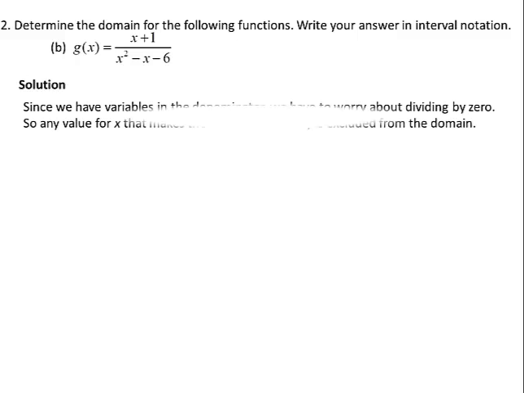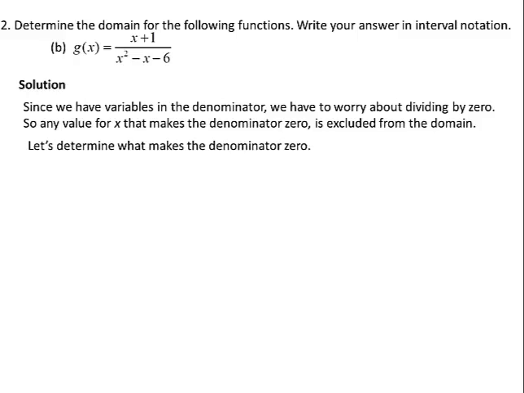Well, here, since we have variables in the denominator, x squared minus x minus 6, we would have to worry about a number going in for x that would cause the denominator to be 0. So any value for x that makes the denominator 0 can't be in the domain.